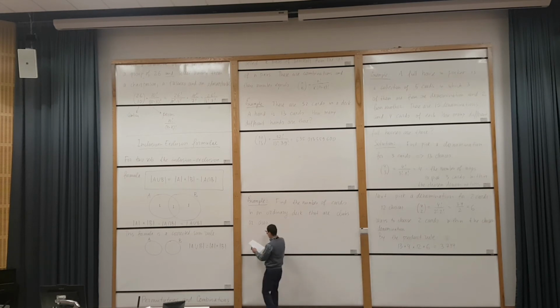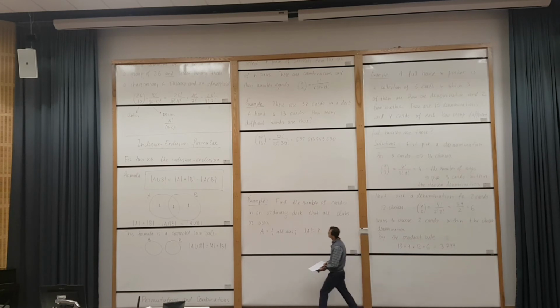So what are the sets here? We can denote as A the set of all aces in the deck. And there are four of them. So the number of elements in A is 4. And we can denote by C all clubs.